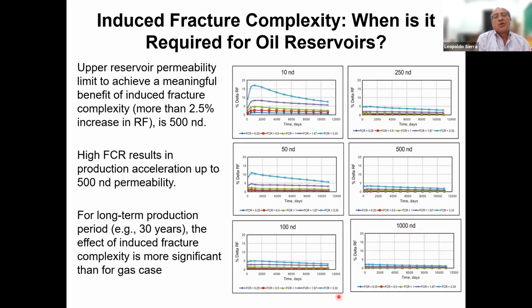But for the case of liquid producer reservoirs, the simulation is showing that the reservoir permeability needs to be lower than 500 nanodarcies.